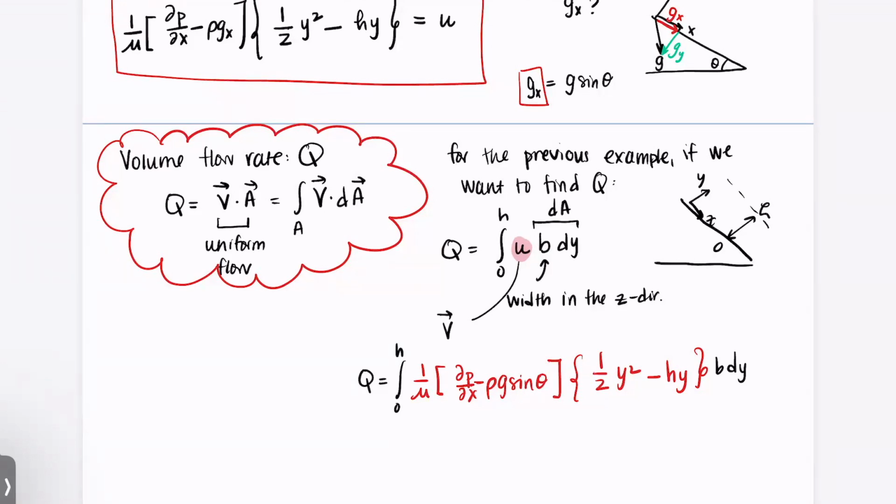All right. So all of this is constant with respect to y, so I can just pull that out into the front of my integral. So I'm going to bring out the b as well. So I have b over mu, partial p partial x minus rho g sine theta. And then I'm going to integrate from 0 to h of y squared over 2 minus hy dy.